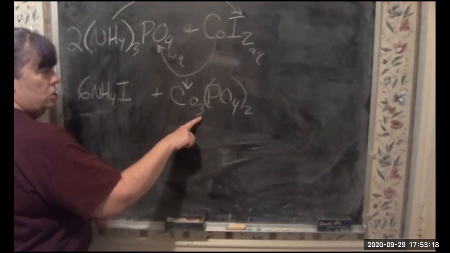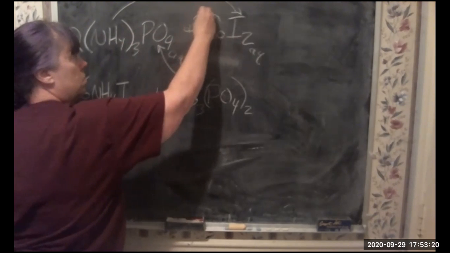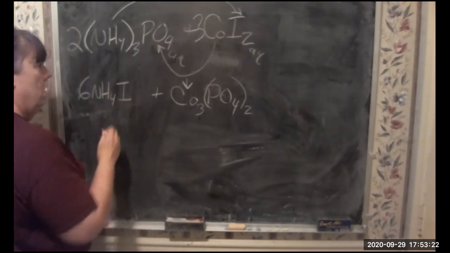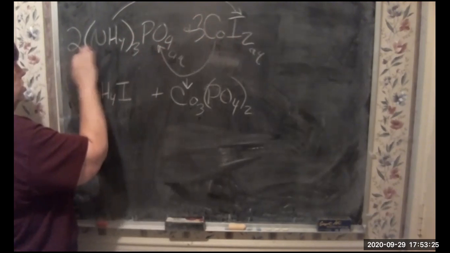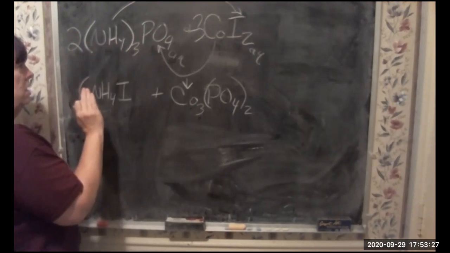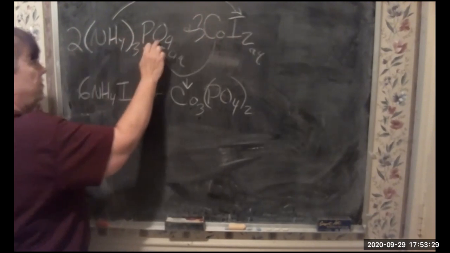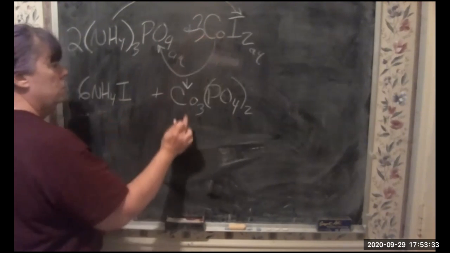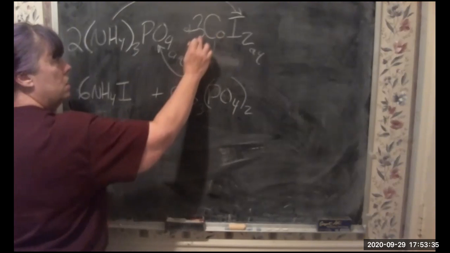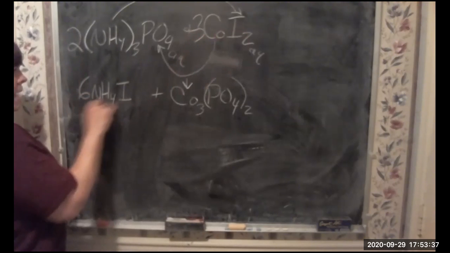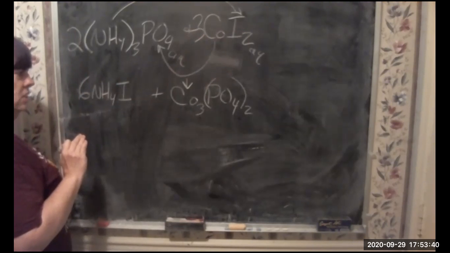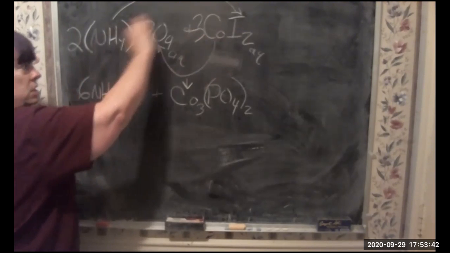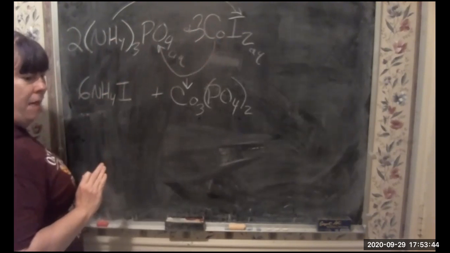I've got to have at least 3, so I'm going to put a 3 there. Actually, that should work. 2 times 3 gives me 6 NH4s, 2 phosphates. There's my 2 phosphates. 3 cobalts, 3 cobalts, 6 iodides, which match up with my 6 iodides there. So this is my balanced molecular equation.